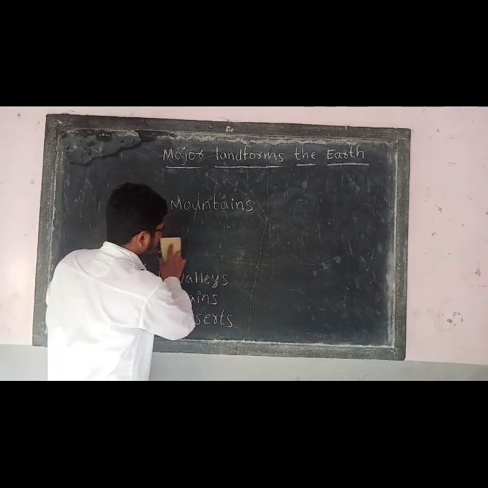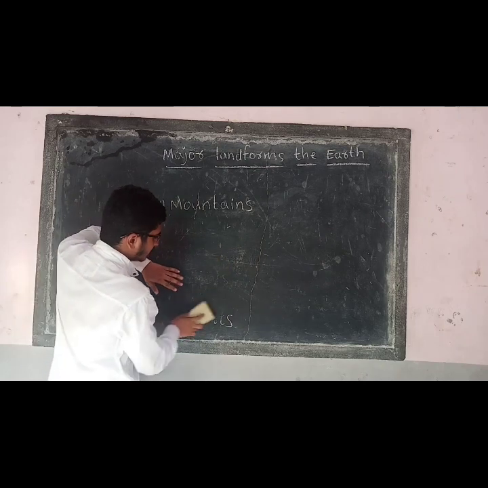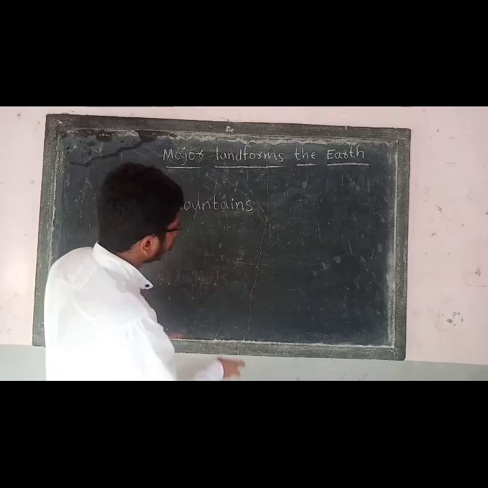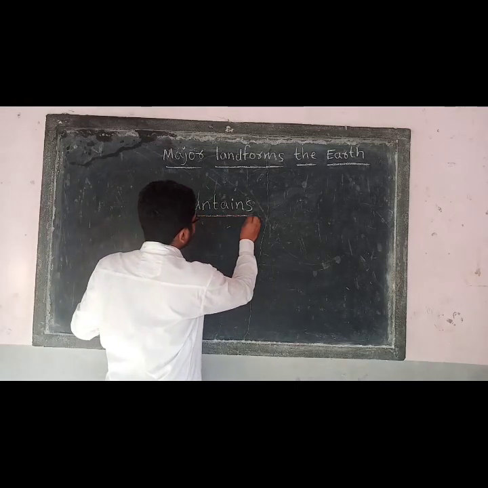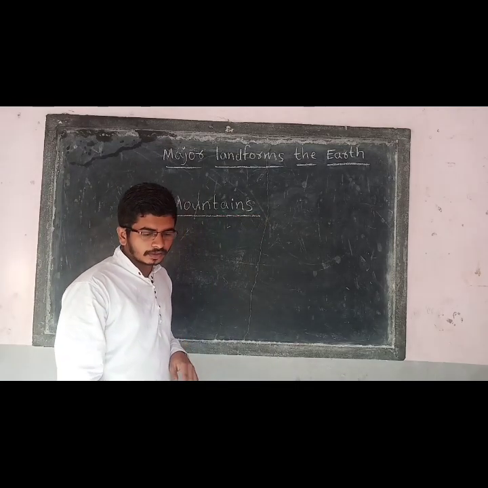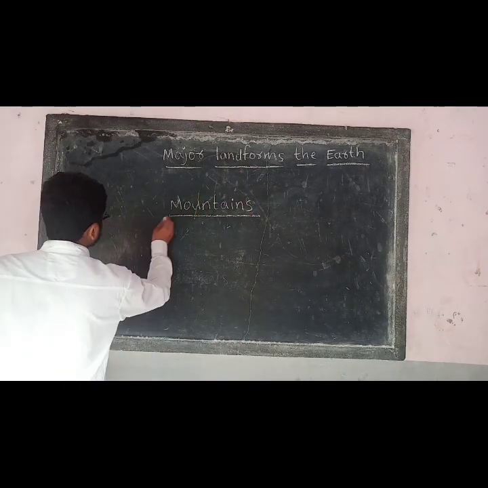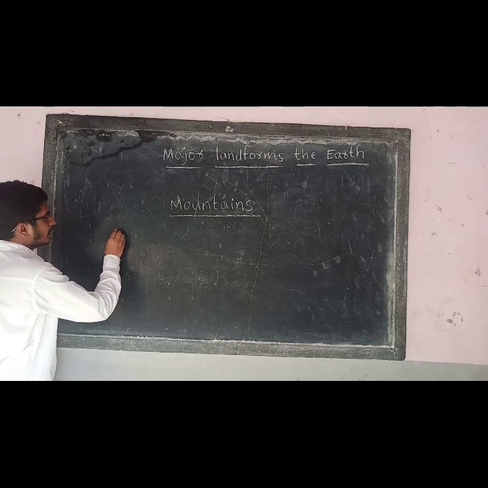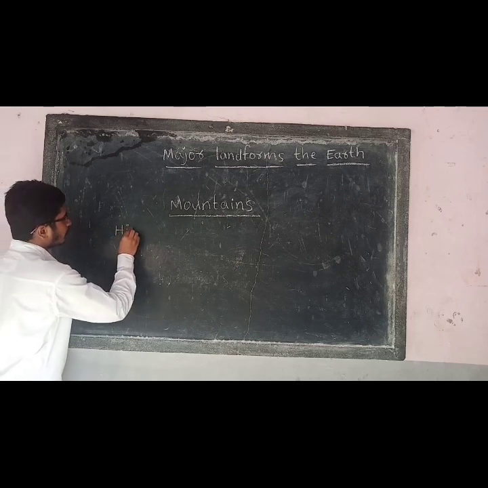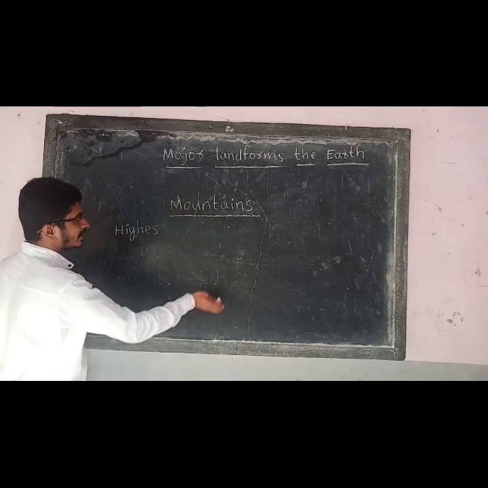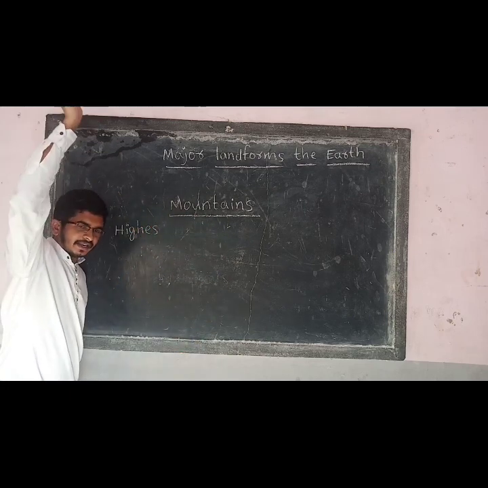So now you can note the points like this only. Now write the heading mountains. So what are mountains? Mountains are the highest landforms. Among the landforms, these mountains are very high.